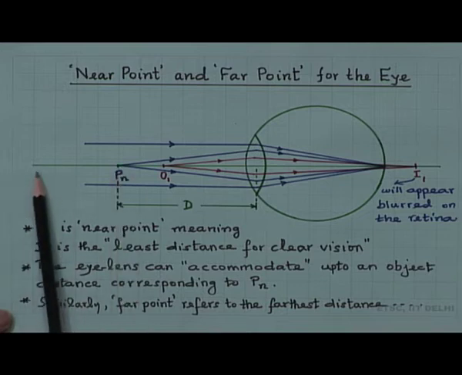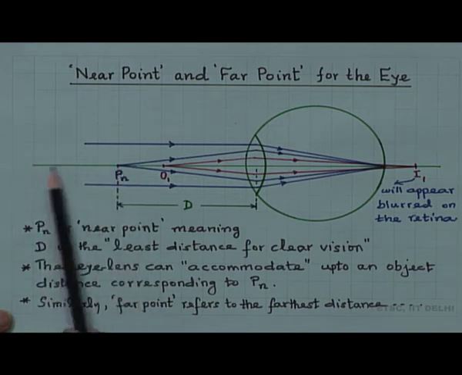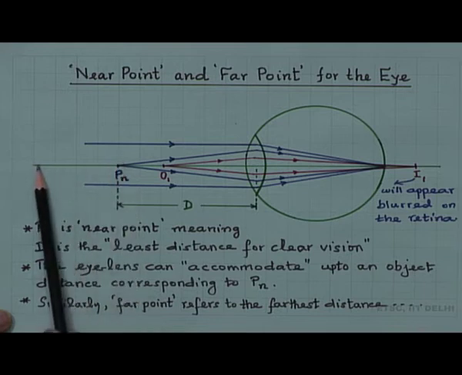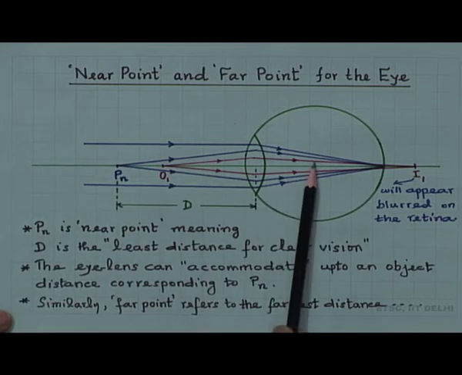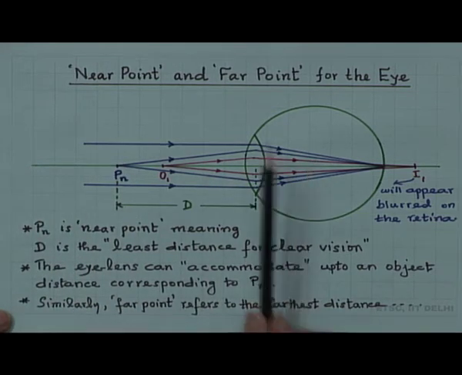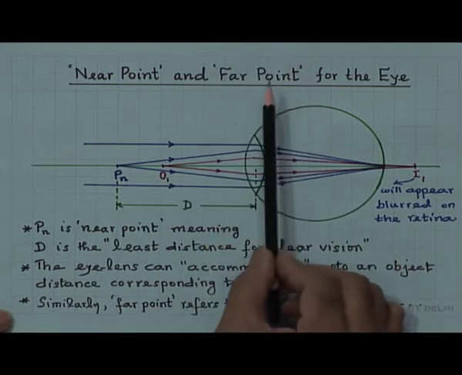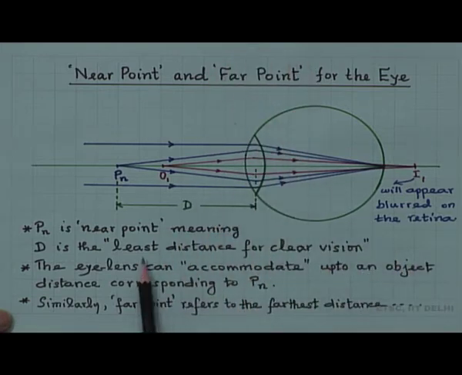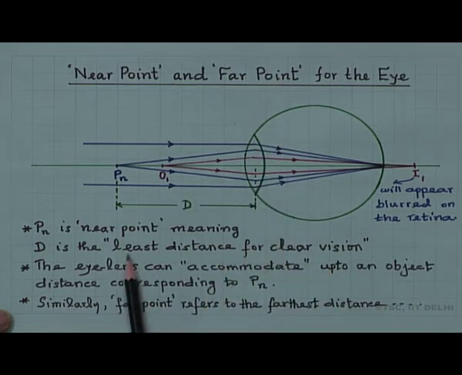The person may have a far point somewhere here, which means only objects from here to the near point will be focused, and objects beyond that will not be focused. So, the far point is the maximum distance for clear vision, and the near point is the least distance for clear vision.